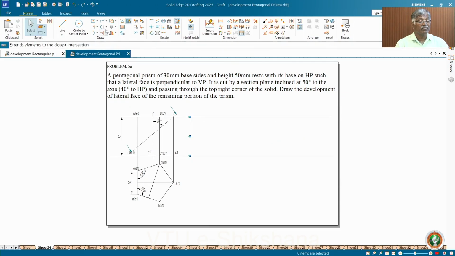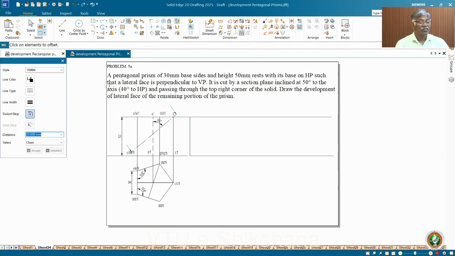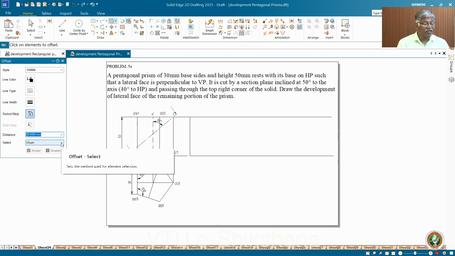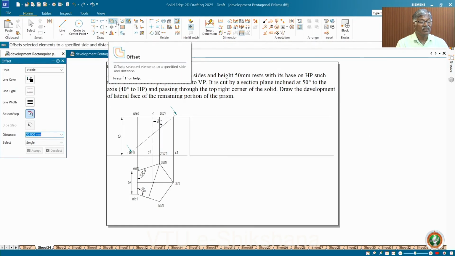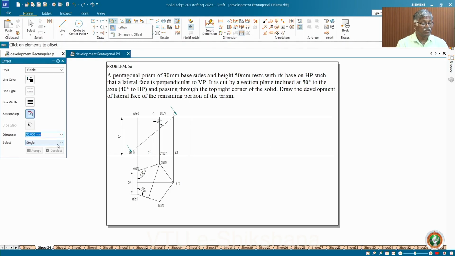Offset method. Here it is 30, and not chain, it is normal, single, single, and then select this, see that it is single, and select single, and once you click this, you will get accept, yes, accept.